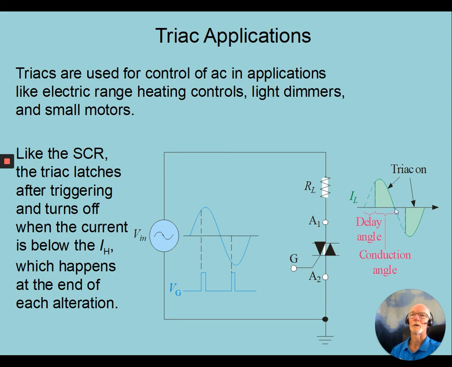Then it turns off immediately as it goes through zero current, and then waits again until it gets the voltage signal across it to turn on. So we would have some form of circuit in here, like a diac or some other circuit, to trigger it and give us that delay.